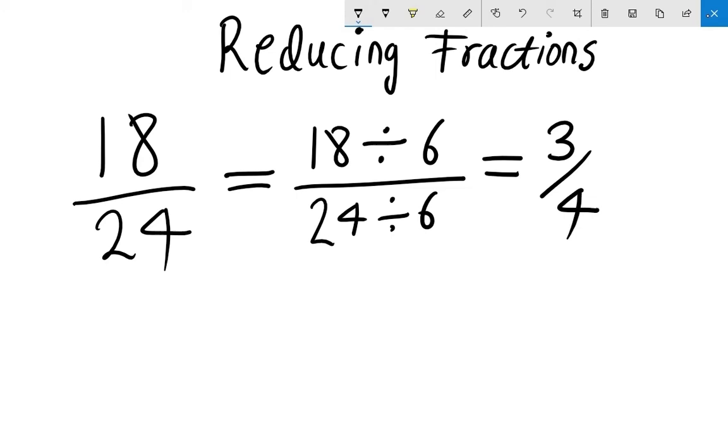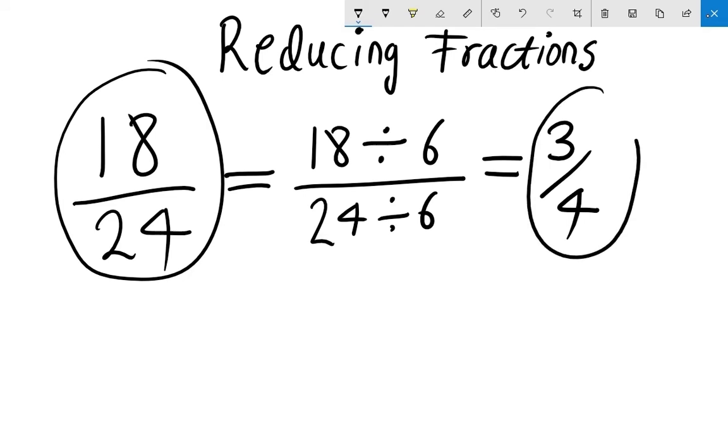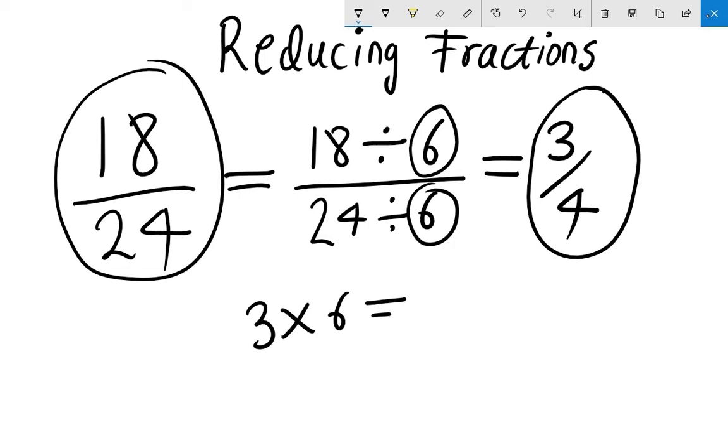To go back, we multiply by the number 6 the same way. 3 times 6 equals 18. 4 times 6 equals 24.